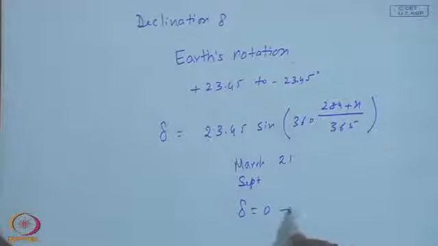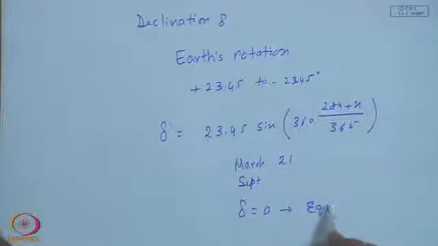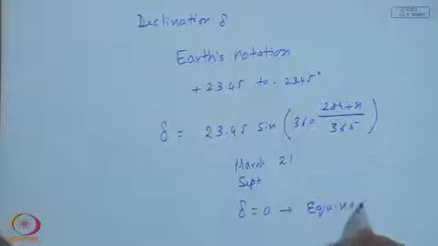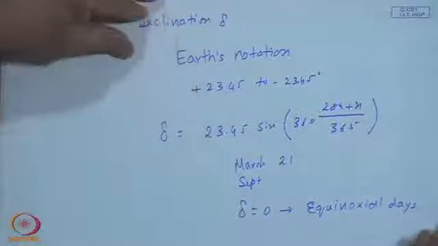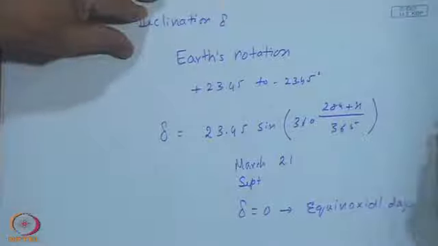These are called the equinoctial days. Similarly, on June and December 21st, you have the summer solstice and the winter solstice, where you have the maximum, plus 23.45 in June, and the minimum, minus 23.45, in December.